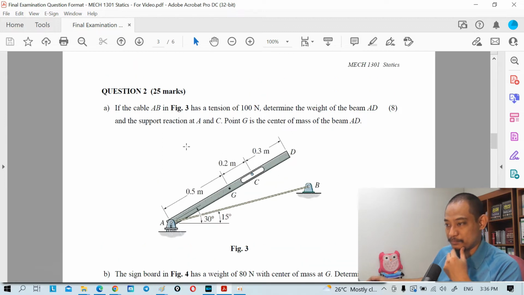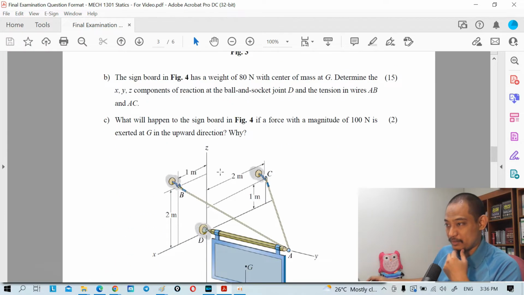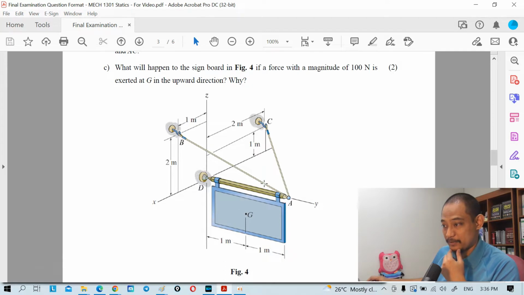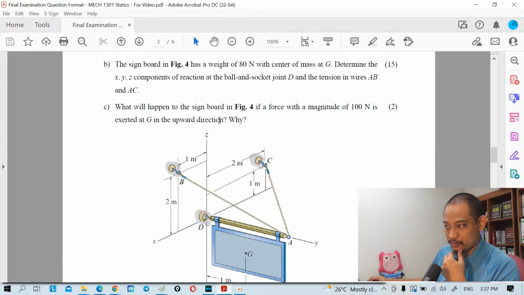Question number 2, we have to find the weight and support reaction. This is relating to support reaction, so make sure you know how to do that. And then B and C with regard to this diagram here. Of course this is also support reaction.